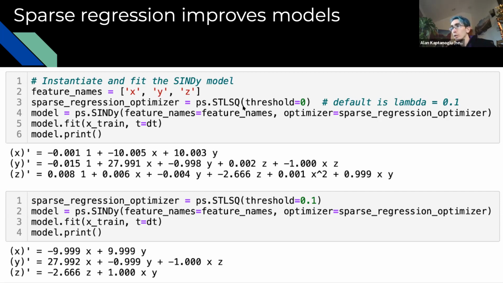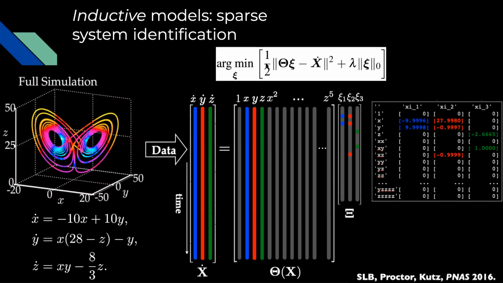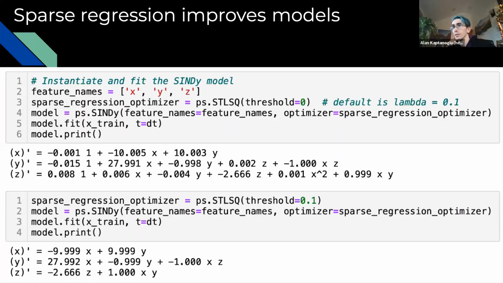In this case, we're using this lambda with a 0, so we're just going to do linear regression first. And then I'll turn on a non-zero lambda and we'll do the L0 regression. So first, lambda equals 0. We just say, please make a SINDy model with these feature names, with this optimizer. And then we fit to some preloaded Lorenz training data with some sampling time step here.